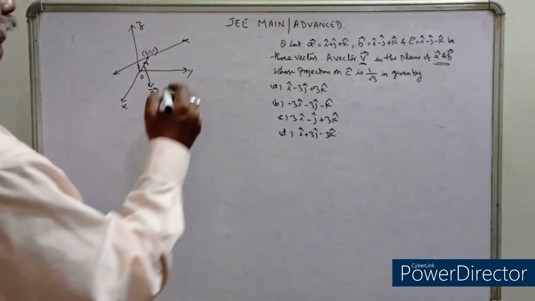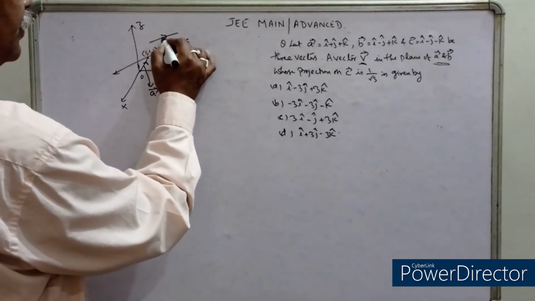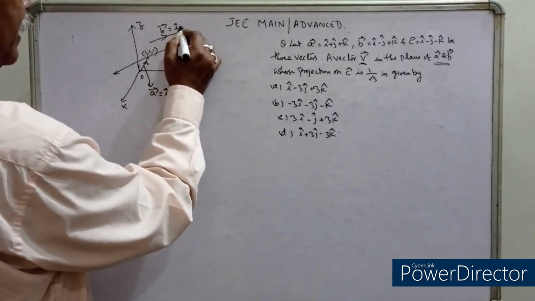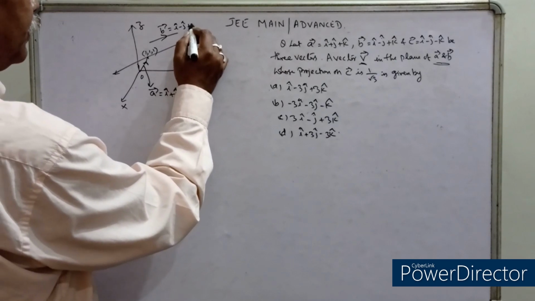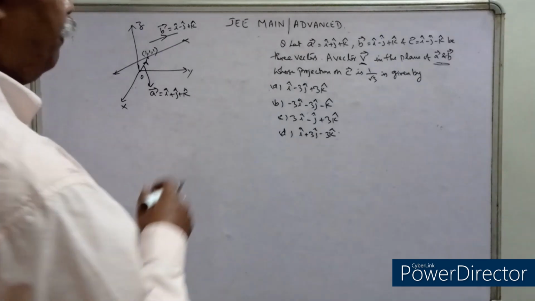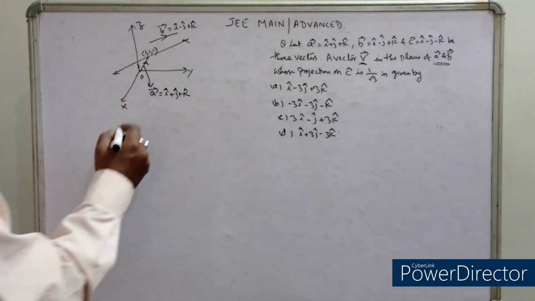And another vector B, this is the B vector, which is i cap minus j cap plus k cap. So a vector V in the plane of A and B, your vector V.